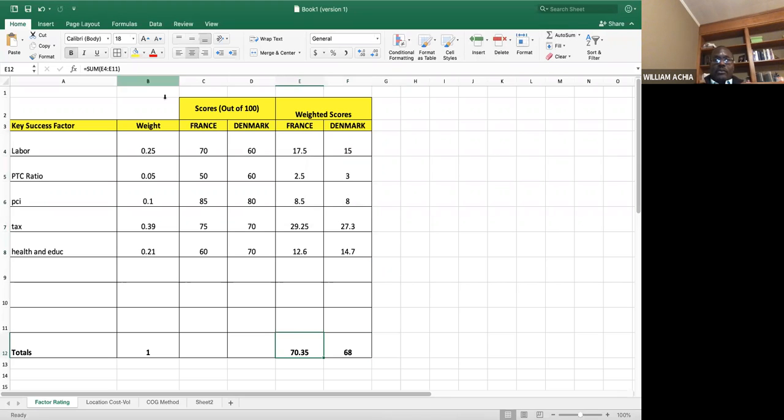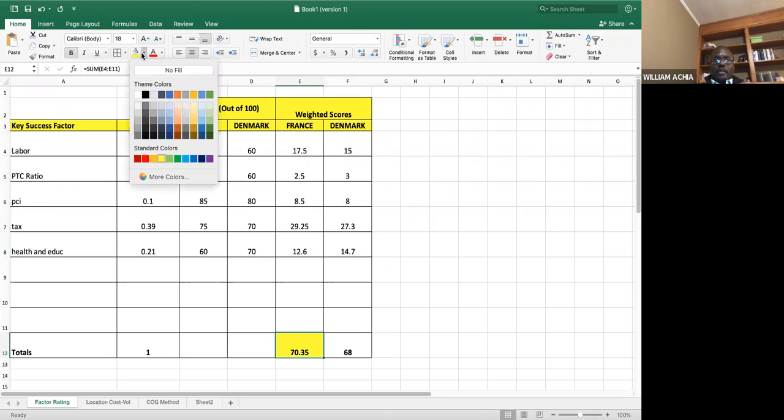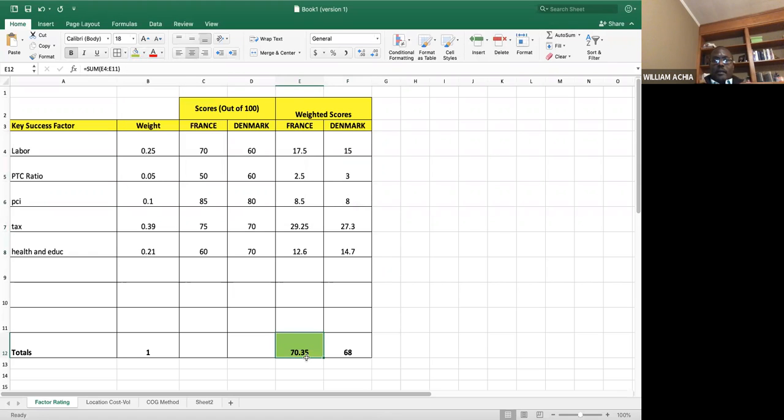And I come up with a score that tells me the higher the score, the better the location. Okay, so in this case here, based on this set of key success factors, I would say that France is a better location for a site for whatever manufacturing operations this company wants to engage in.